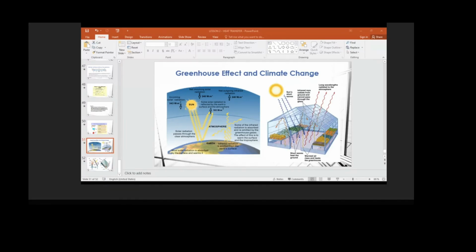What causes the greenhouse effect? Yes, who wants to go? What causes the greenhouse effect?